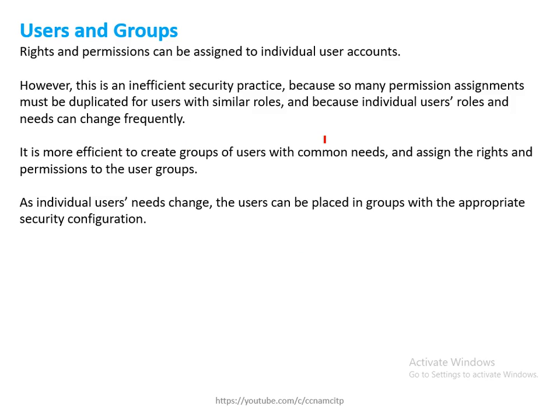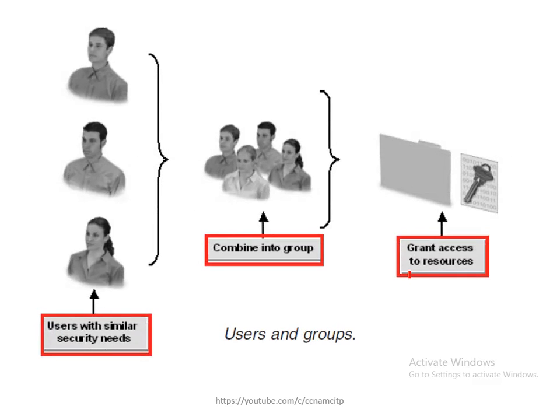It is more efficient to create groups of users with common needs. For example, I can create multiple groups like HR group, IT group, training group and all, and put users in them. If we have 5 users from HR, I can put those users in the HR group. I can put 4 IT guys in the IT group, and they will have that kind of access only.